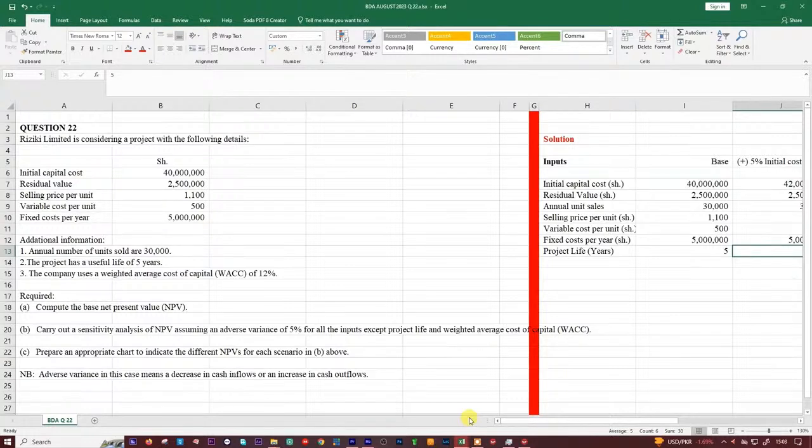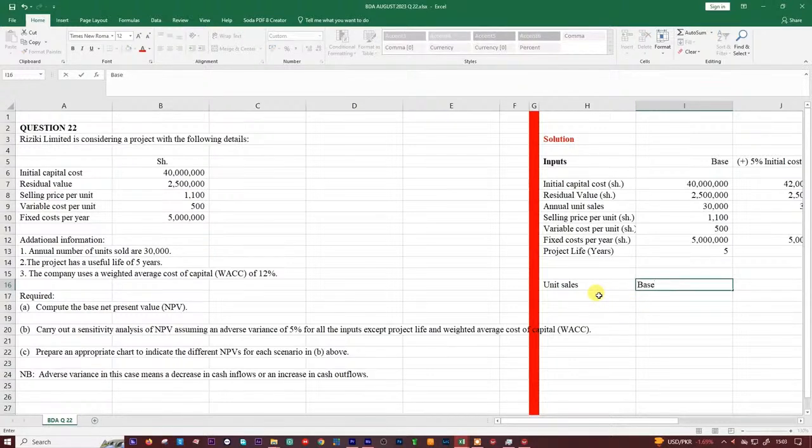So the unit sales, we start by identifying the unit sales over here. Unit sales, over here we have, and of course here we have the base case given to us there. This one should be slightly above here because we do not fill in. So base case.